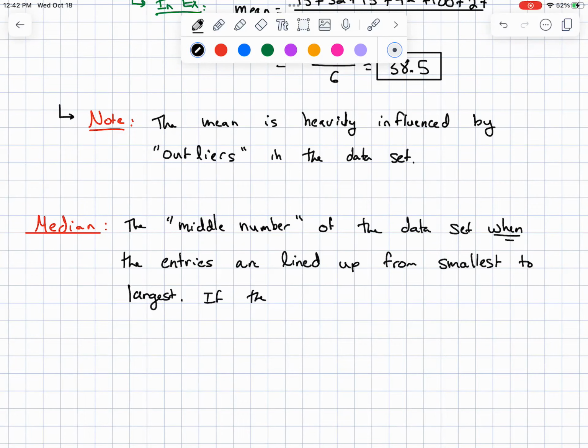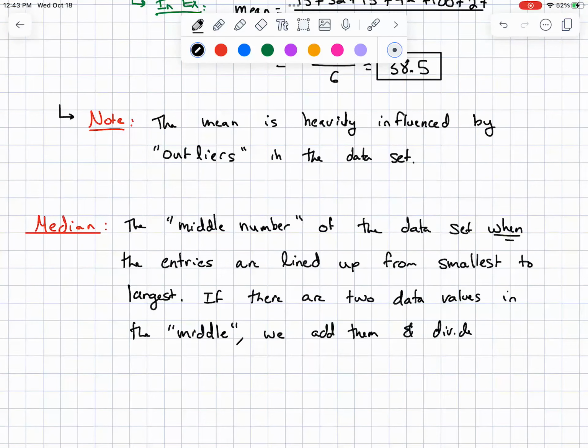If there are 2 data values in the middle, we add them and divide by 2 to get the median.